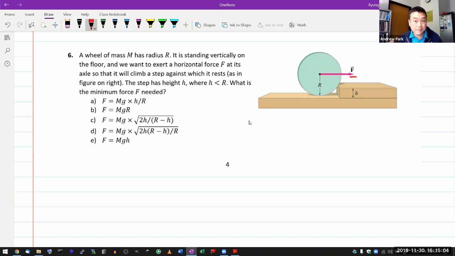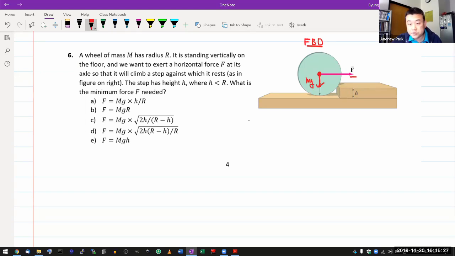The moment before that, it's at static equilibrium. So even though I'm trying to describe something that's moving, I'll treat this like a static equilibrium. So I have this applied force, and I'm going to have gravity to deal with. Let's say gravity is acting at the center of mass, mg.